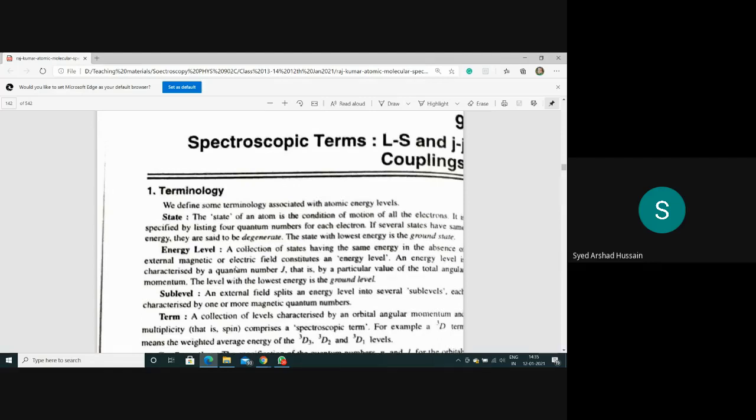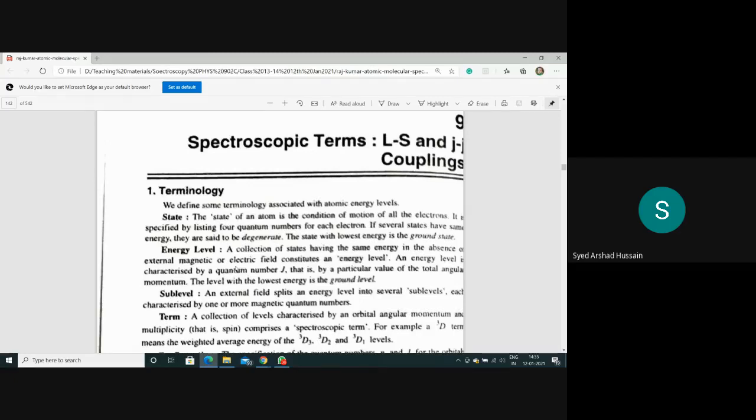Okay. So today we'll proceed further to see the cases for multi-electron systems. Multi-electron system means atoms having more than one optically active electron. You remember that alkali atoms have more than one electron, but only one optically active electron.